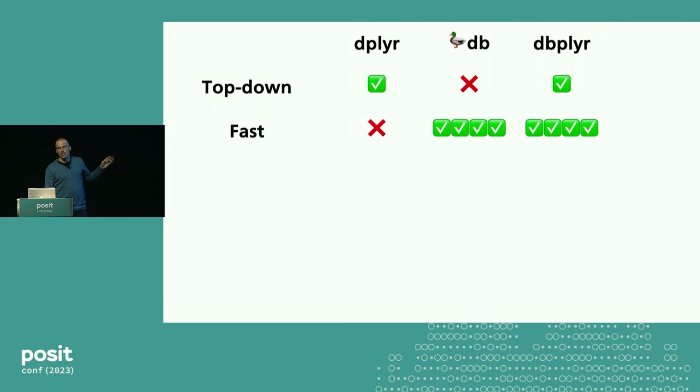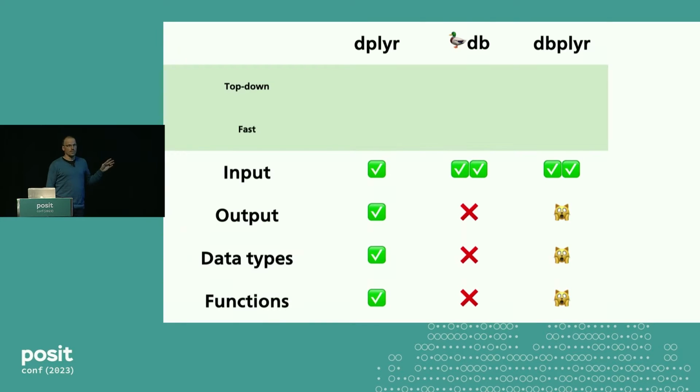What is wrong here? Well, we inherit too many features from the underlying database. DuckDB can read Parquet. This is great. dbplyr can also read Parquet. DuckDB works with datasets larger than memory. Perfect. dbplyr works with datasets larger than memory, but when we get the data from dbplyr, it's not a data frame.